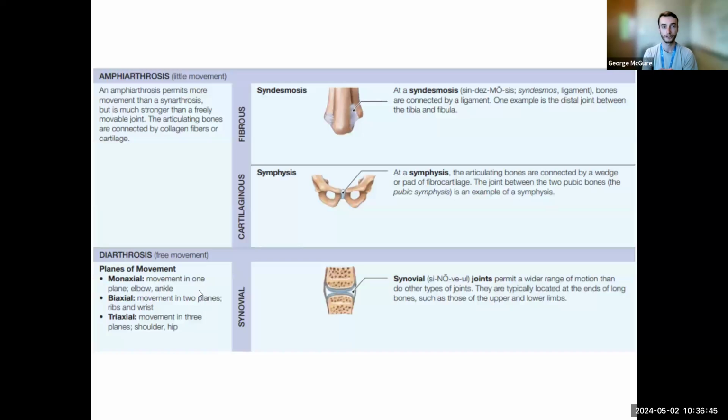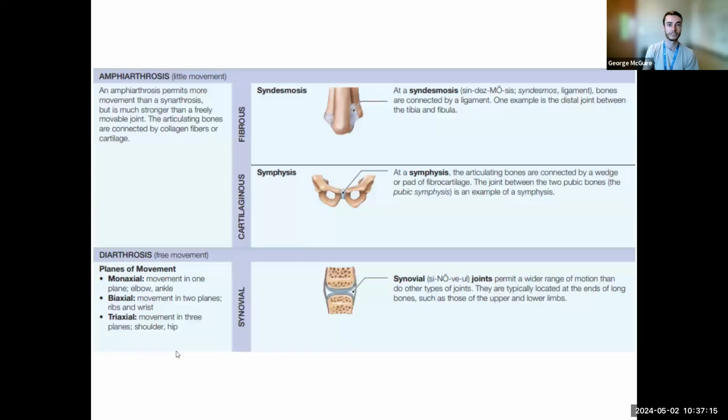And so we're going to further distinguish or categorize different types of synovial joints based on how mobile they are. So we'll have some that are monaxial, meaning they move on one plane or one axis, biaxial, moving on two planes, and then triaxial, moving on three. So we'll go from kind of just flexion and extension in one direction to allowing flexion, extension, and circumduction, right, multiple directions.